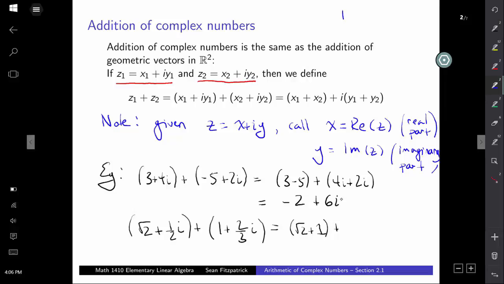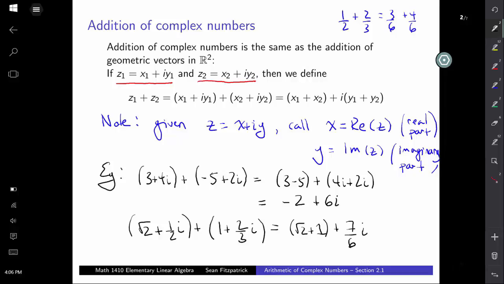I'll do it up here in the corner: how do we do 1 half plus 2/3? That's going to be 3/6 plus 4/6, and so that's 7 over 6. Okay, so 7 over 6 times i.